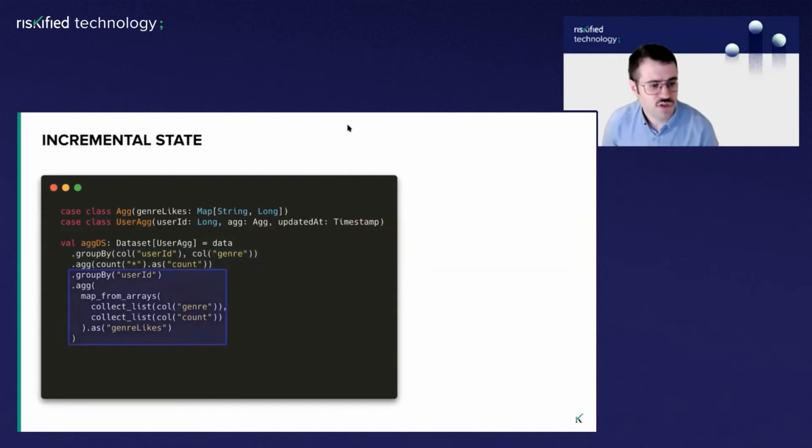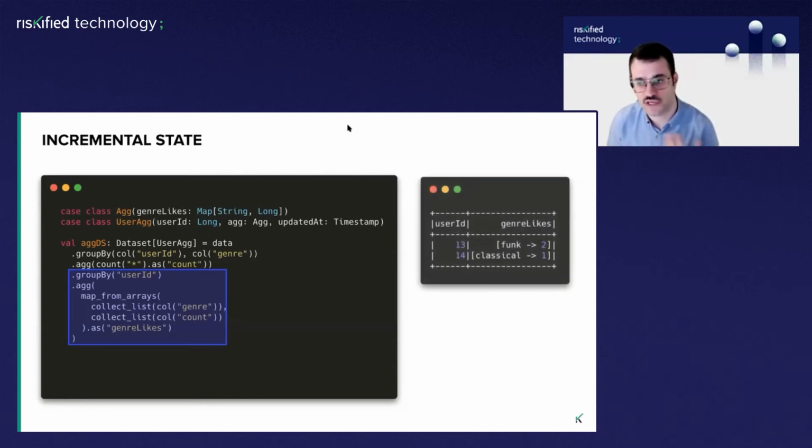And the next thing we do on top of that data frame is we group it by user ID, and then we run another aggregation on top of that grouped data frame, which is basically trying to create a map from two arrays. So we're kind of zipping two arrays here, and every genre and every count is going to be paired together. So we get into a map and into a data frame that looks like this. And this is starting to look like what we have on top in the case class, right? Starting to feel familiar in a way.